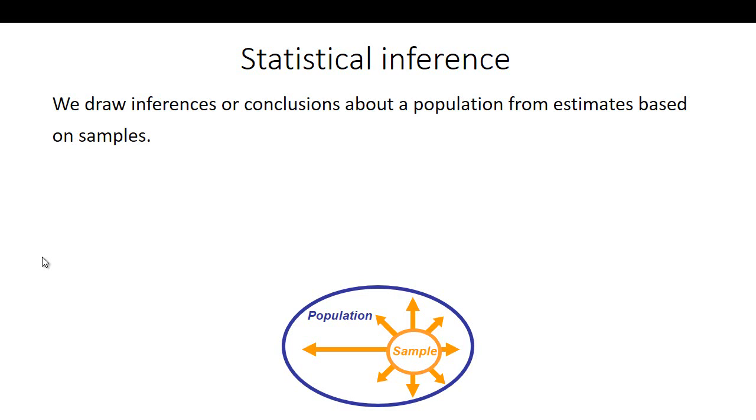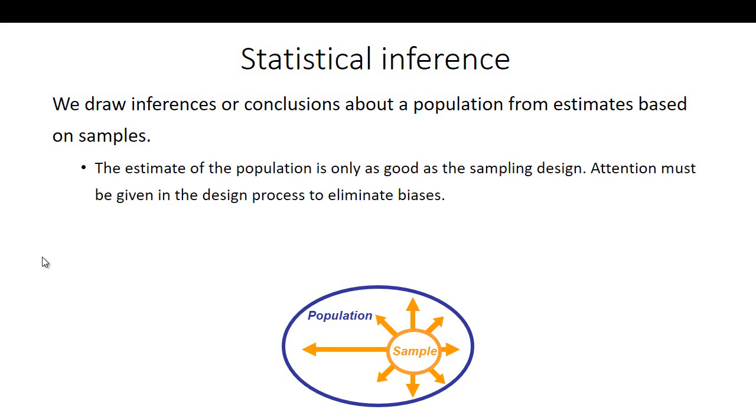So we draw inferences or conclusions about a population from estimates based on samples. The estimate of the population is only as good as the sampling design, so we must pay attention in the designing process to eliminate biases.